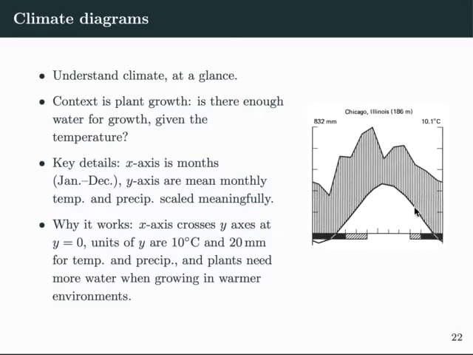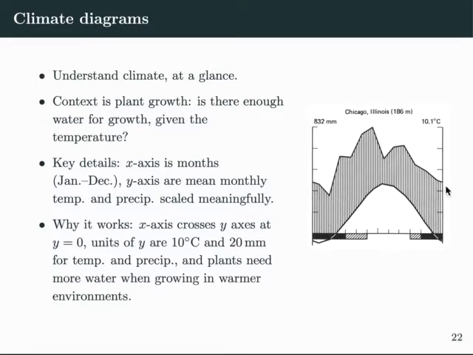This bottom line is telling us the average monthly temperature throughout the year. Of course in the winter, the average temperature in Chicago is below freezing. It falls through January, comes back up, reaches a peak in mid to late summer, and then begins to fall again. So that line is temperature.